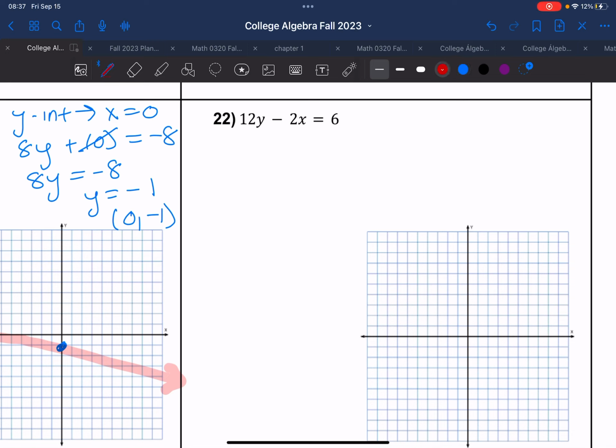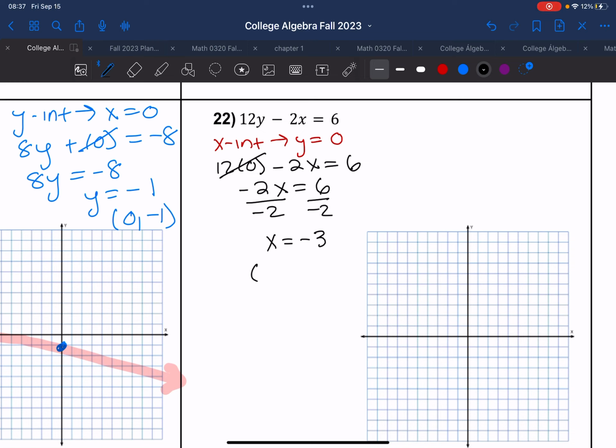So I have 12 times 0 minus 2x equals 6. 12 times 0 cancels, so I'm left with -2x equals 6. Divide both sides by -2, and I get x is equal to -3, or the point -3, 0.